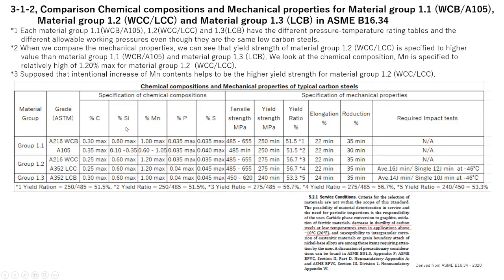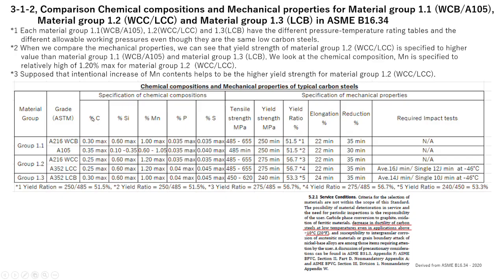Silicon is needed for material production, but I think the silicon element does not affect the mechanical properties much. So we look at the carbon content and the manganese content, and focus on those elements.